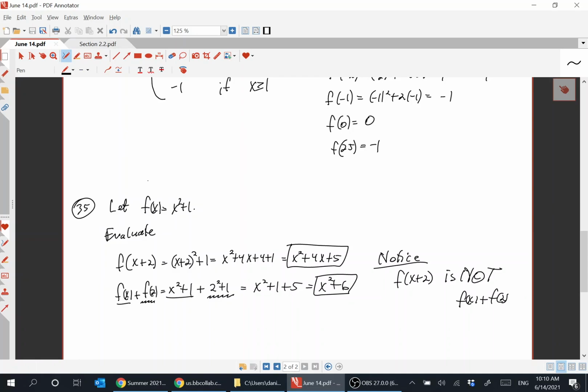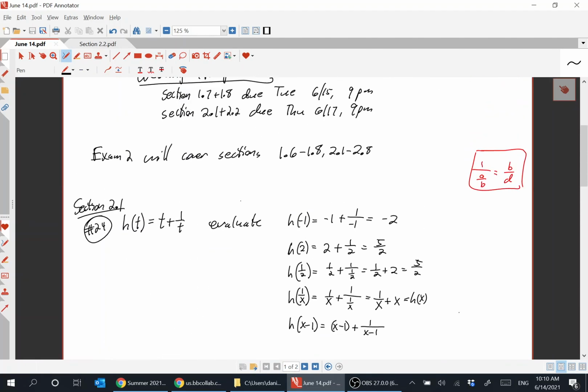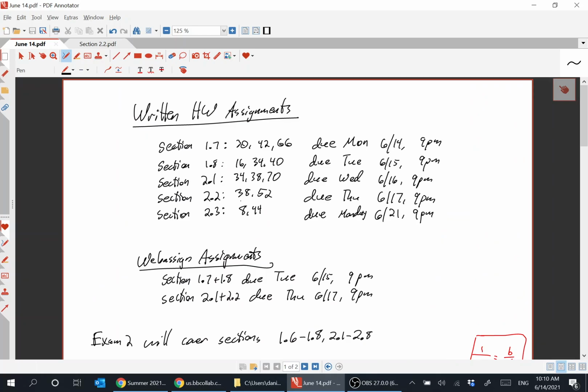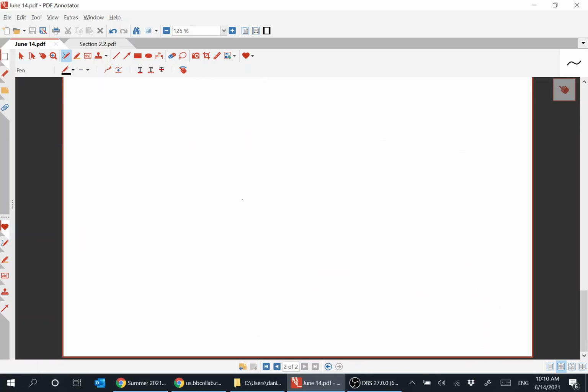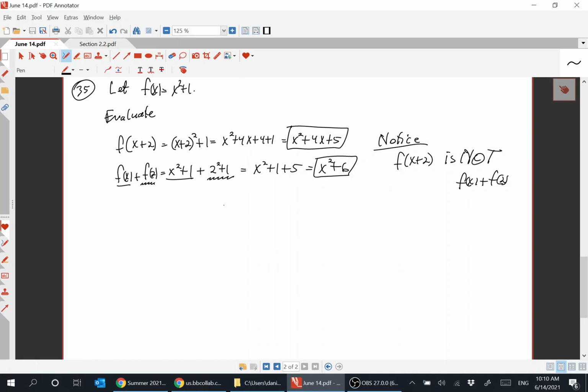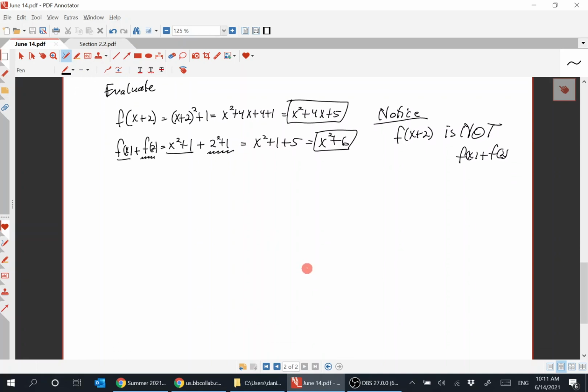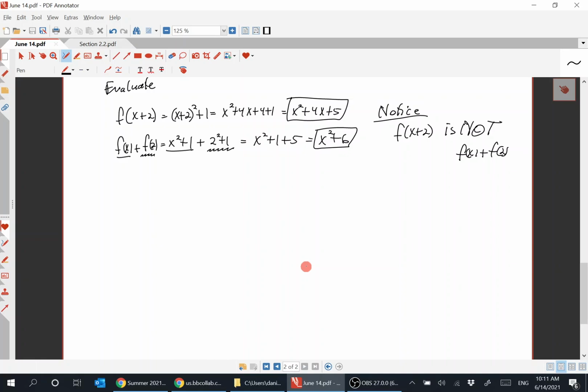And then I asked you to hand in number 70. So find the domain of these various functions here. Number 66 is a good example. I asked you to do number 70.